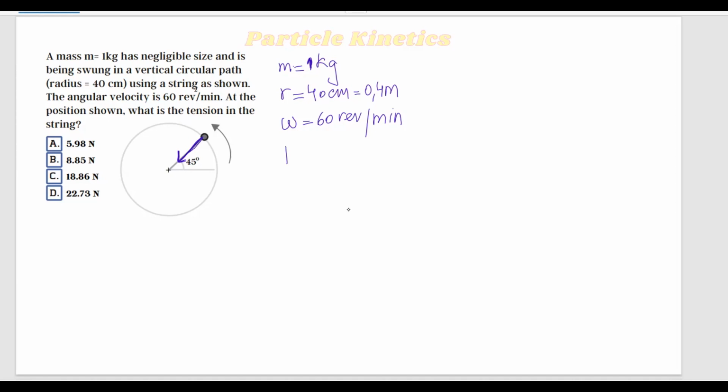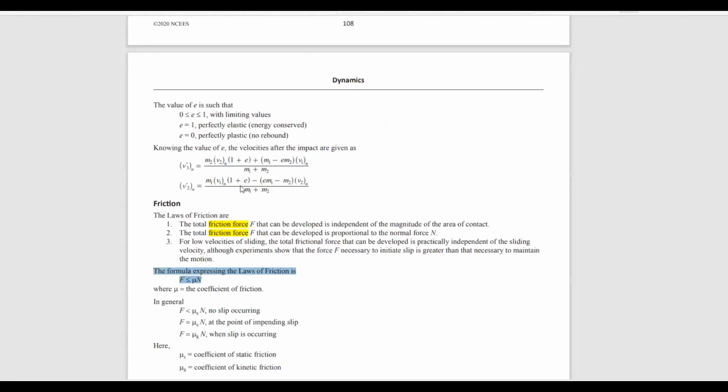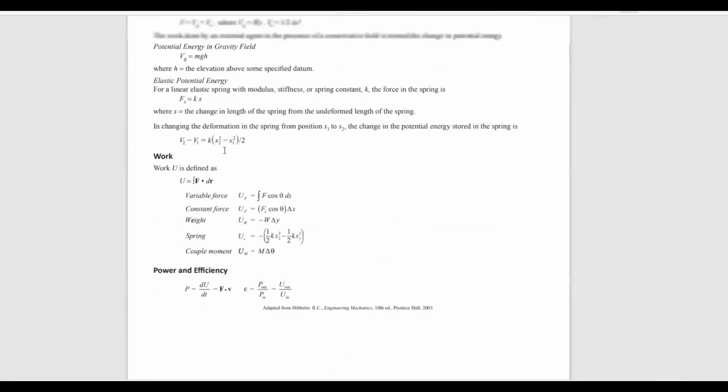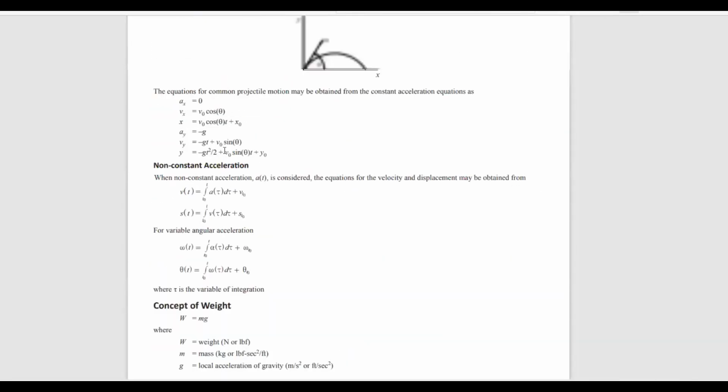I'm going to write centripetal force is going to be equal, again, we're going to use the ma formula, but since it's going in a circular motion, this a is going to be equal to a_r, which, coming to the FE handbook, let me go to the circular motion.